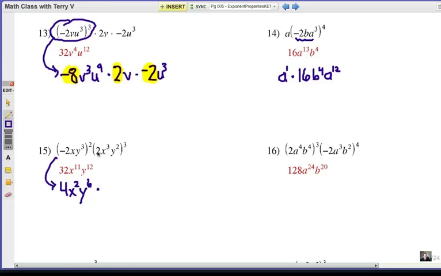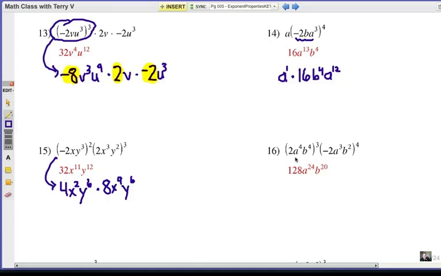Second parentheses group would be 2 cubed, or to the 3rd power, so that would be 8. 2 times 2 times 2. And x to the 3rd raised to the 3rd would be x to the 9th. And y squared raised to the 3rd power would be y to the 6th. And we multiply it all together. At this point, we're adding our exponents together, and that gives me my final answer you can see here.